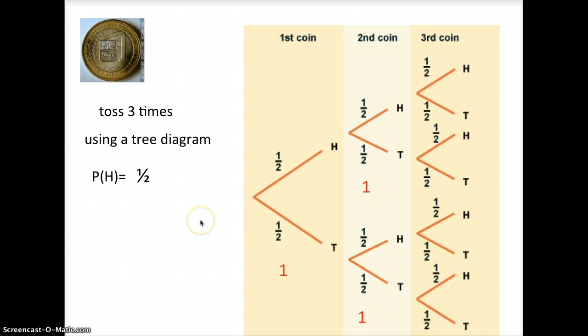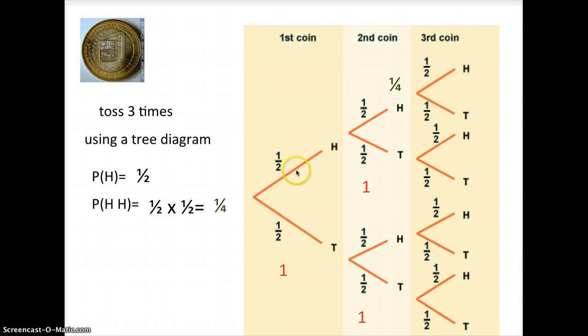Okay. Now the probability of getting a head and a head. Remember that to find out the probability of an outcome, we multiply the probabilities of all the events along the path. So this is only for 2 tosses, getting a head and a head. For the first toss, it's 1/2, and then the second toss, 1/2. So we have 1/2 times 1/2, we get 1/4.